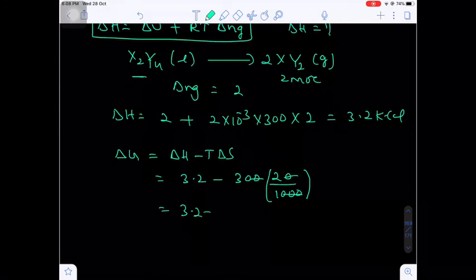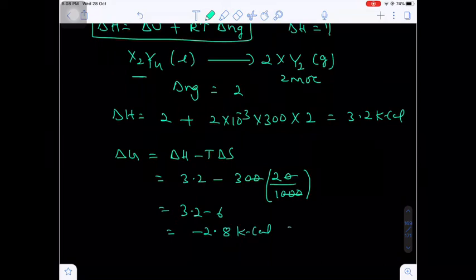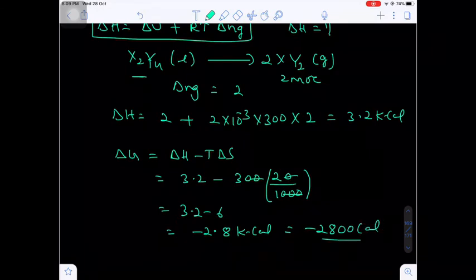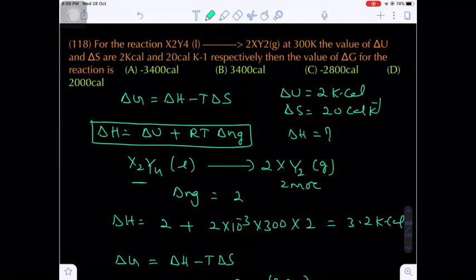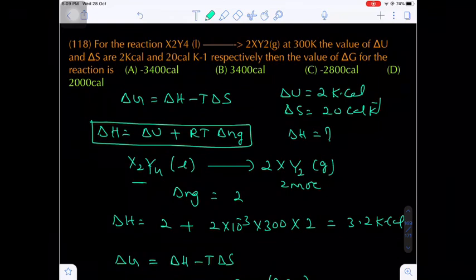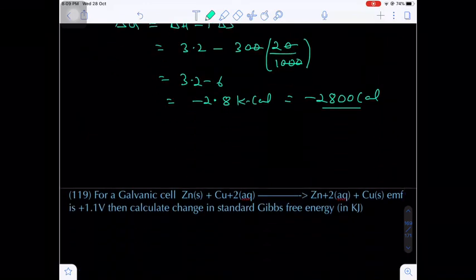So 3.2 minus 6 will be equal to minus 2.8 kilocalorie. Otherwise minus 2800 calories. You see option number C. Yes or no?